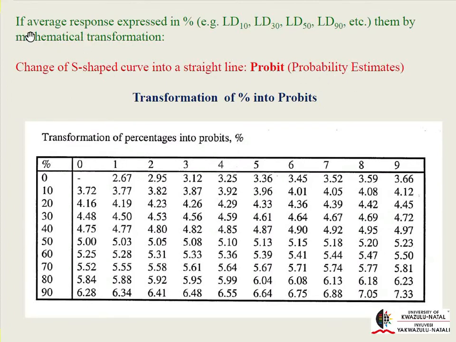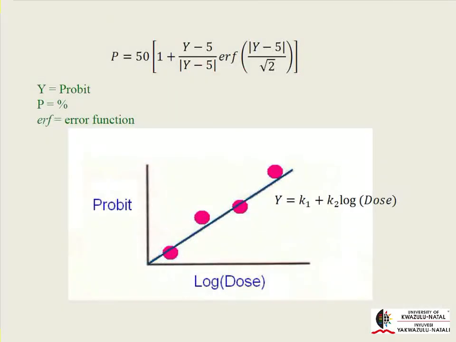If you express your average response as a percentage and then look at the probit table, you can transform those percentages into probits. The benefit is that if you plot log of the dosage against your probit, you get a linearized curve, and you can use this in various computations.